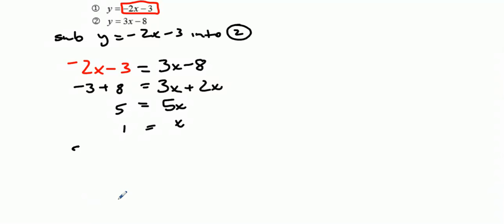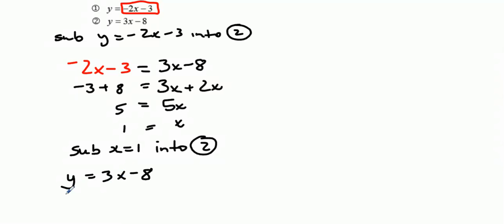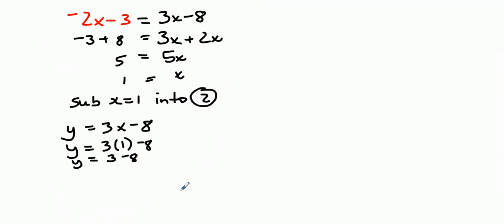So now I'm going to say sub x equals 1 into 2. I chose 2 to sub into. So y equals 3x minus 8 is my equation, and I know that y then is going to be equal to 3 times 1 minus 8. y equals 3 minus 8, and so y equals negative 5.